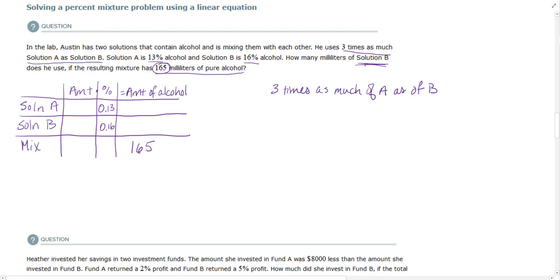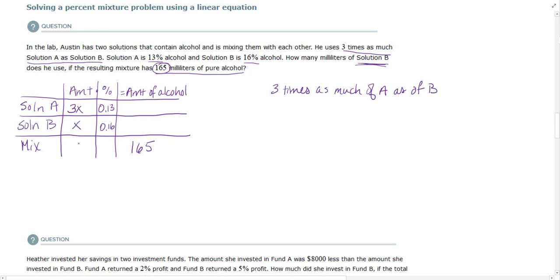So if we let solution B, since that's what we're asked to find, be our X, that's the amount of solution B we're using. We're going to use 3 times as much of A. So that would be 3 times X.